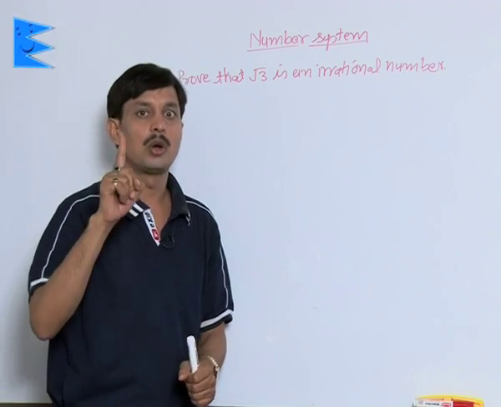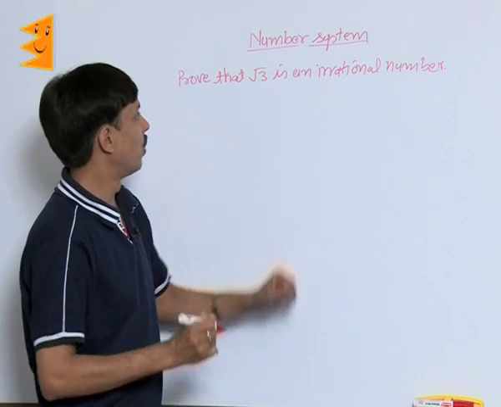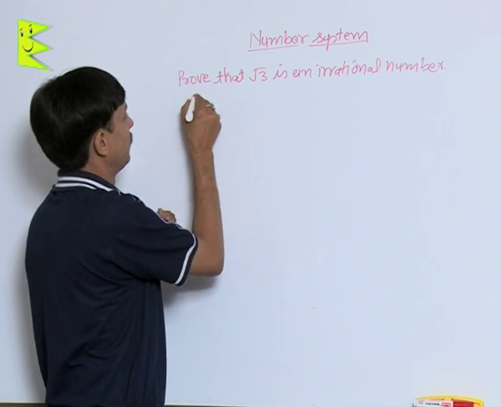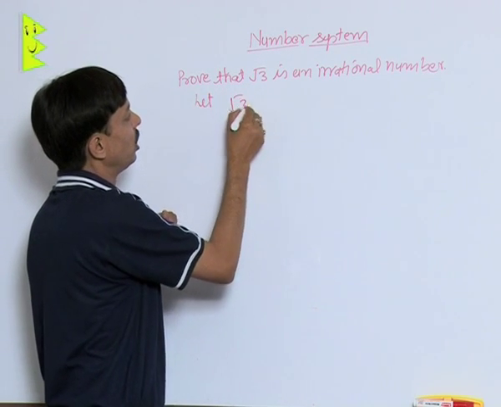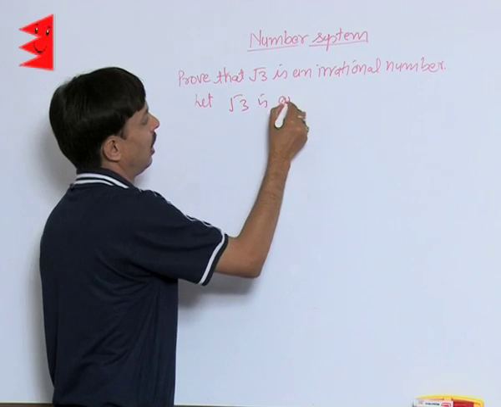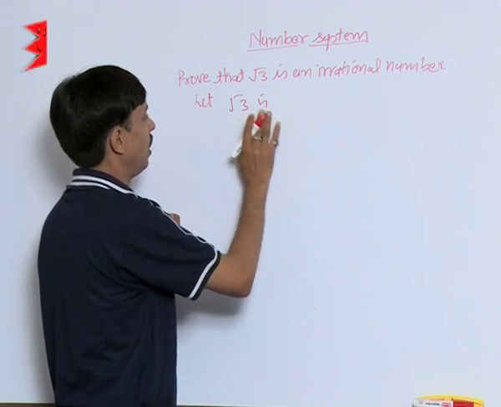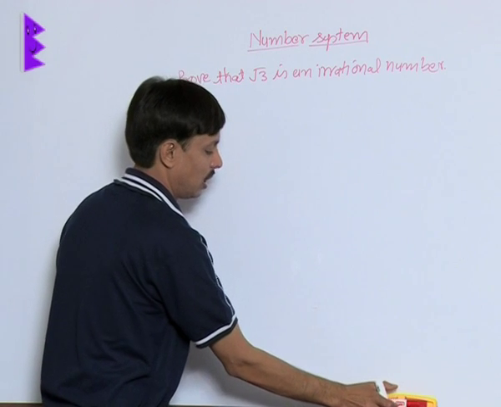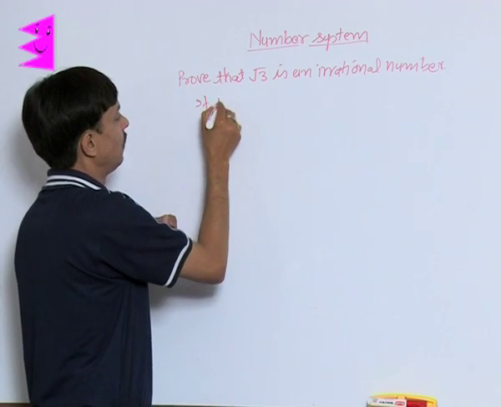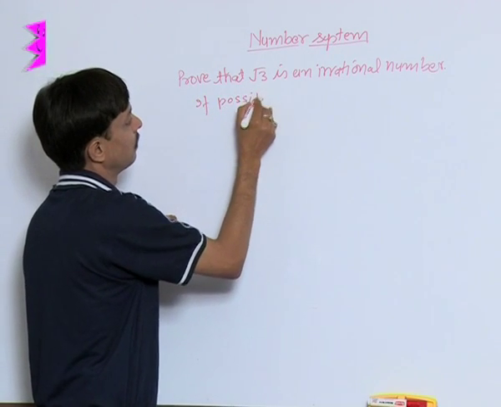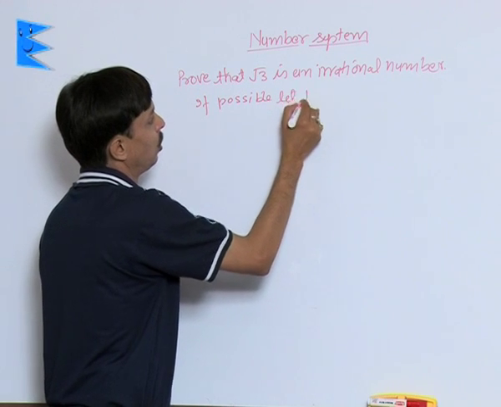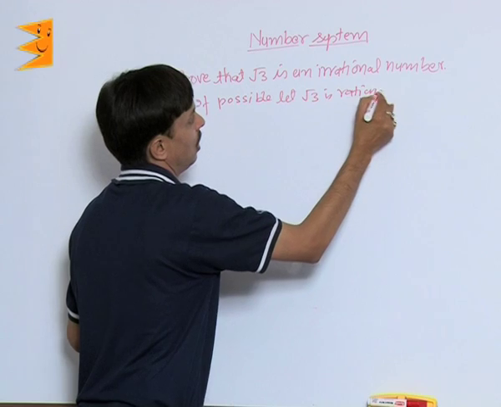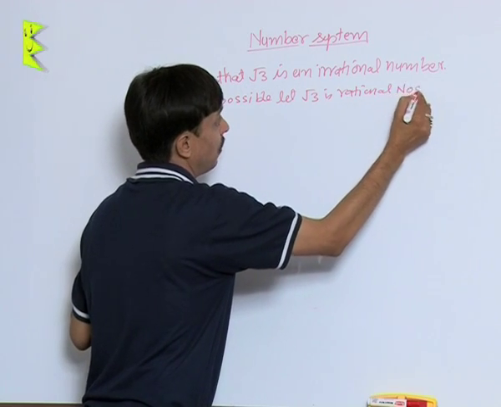Approach 1 is the contradiction method. What is that method? I will say, let root 3 be a rational number. I will write here, if possible, let root 3 be a rational number. So what is the definition of a rational number?